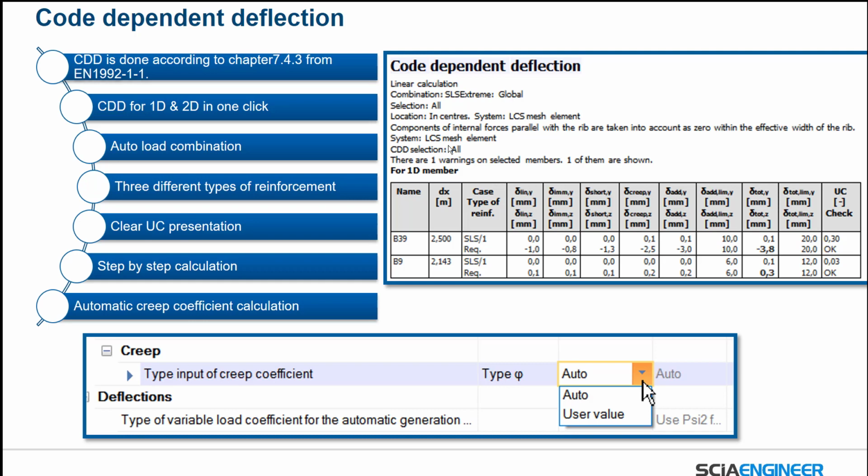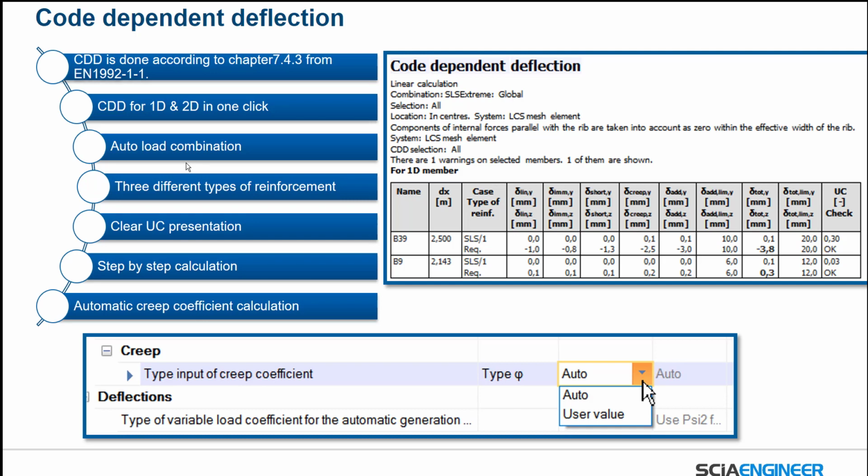If you are familiar with the old CDD, then you will see that you had to make a load combination in the past, and you needed to tell the software this is the combination for the calculation of immediate deflection and some combination for the calculation of the creep deflection. In this version, all that is not required, SIA does that automatically for you, and probably for this point you will save some time.